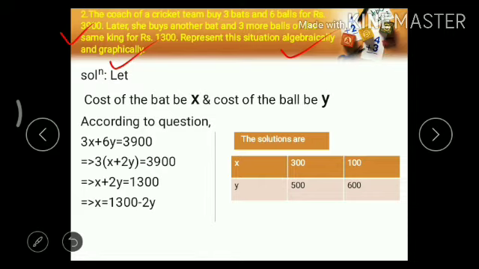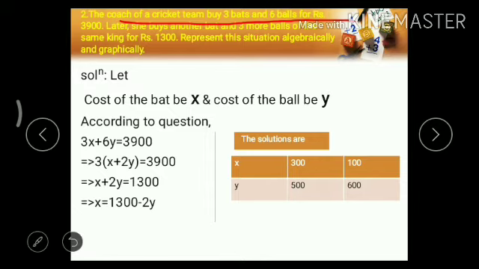Now, after reading the question, you can say that the coach has bought bats and balls, but the cost of the bat and the cost of the ball we don't know. This is unknown to us, but how many bats and balls they are buying is given, and the total cost is given.